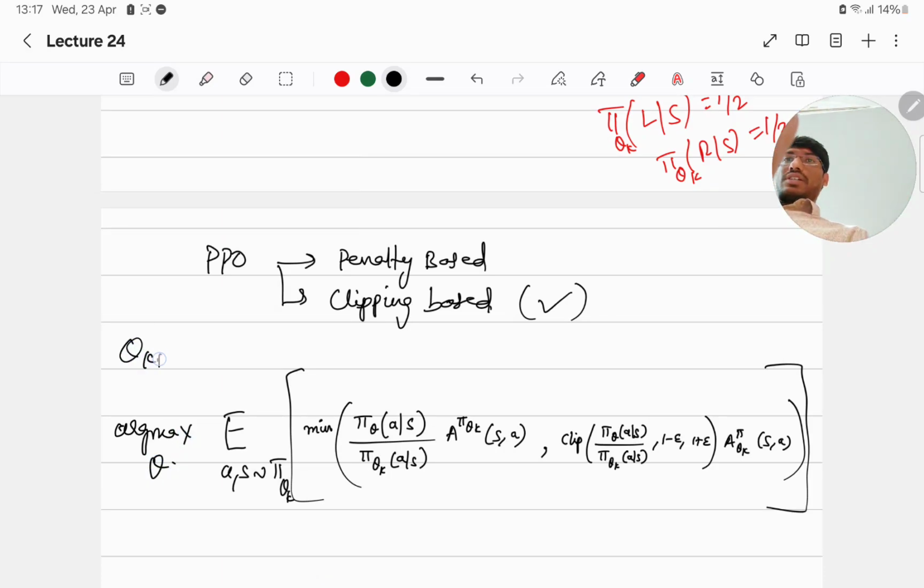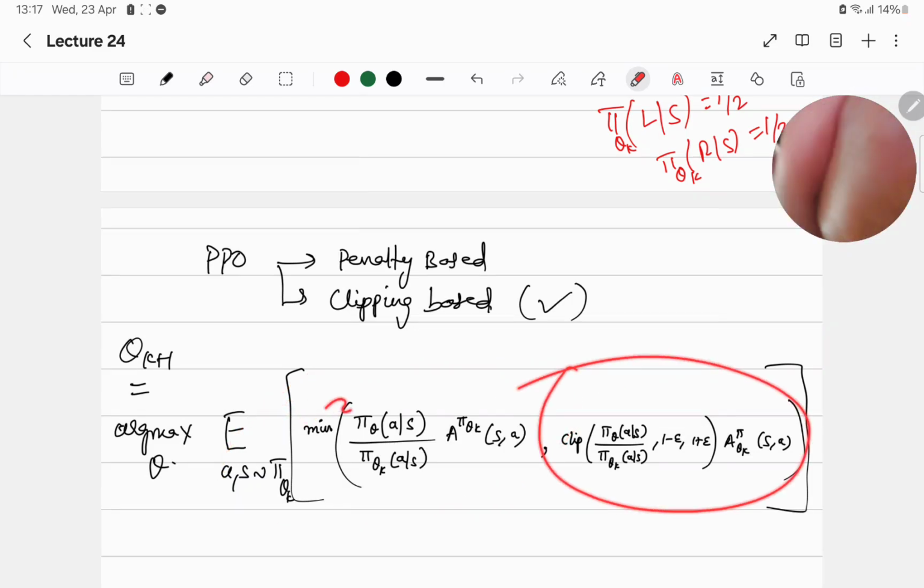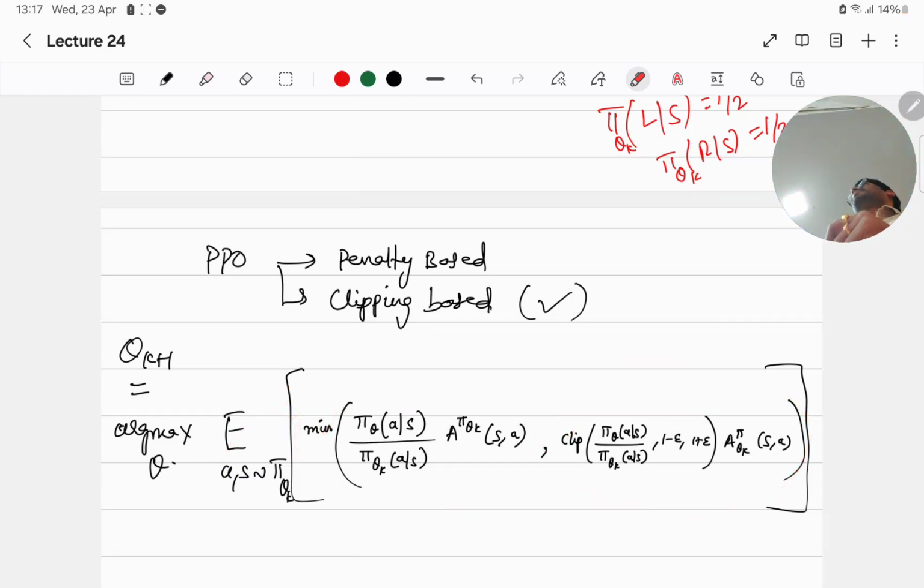This will be your theta k plus 1. Okay. All that I did was, previously we had only this much. Now I just added this part and took a min of them to restrict the amount of change that is there in your policy.